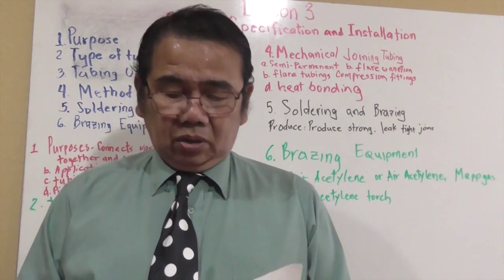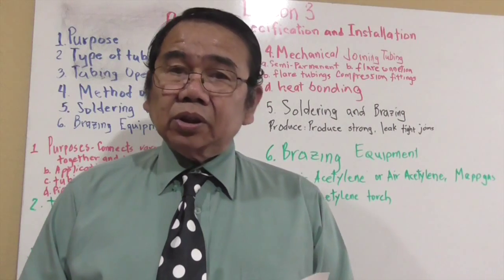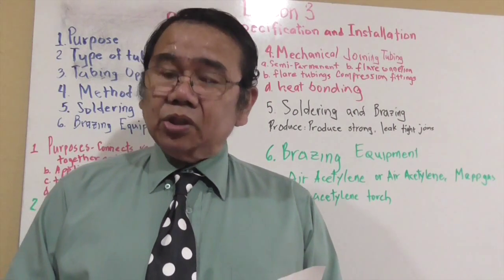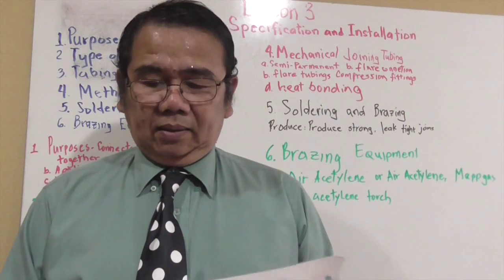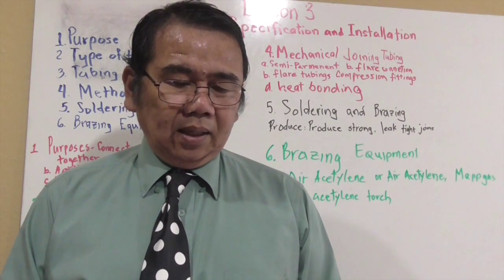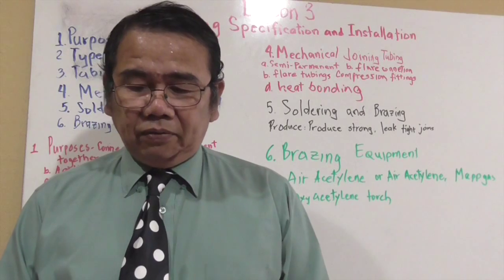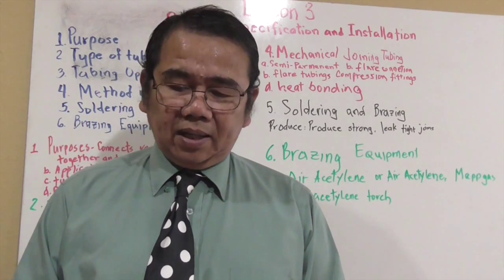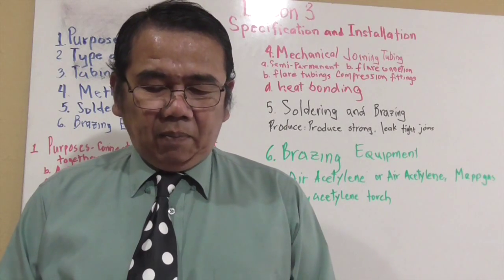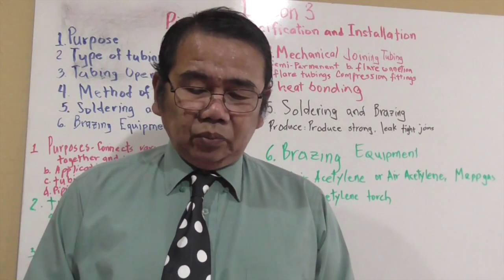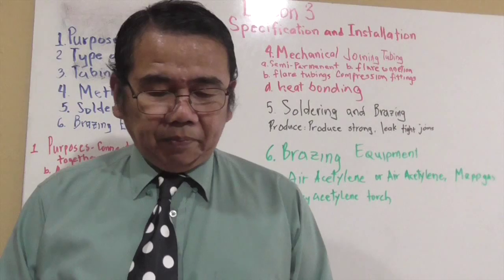See that no strain is placed on the joint during brazing and cooling. Heating and flowing soft solder 95-5. Applying the flame to the solder of the fittings.